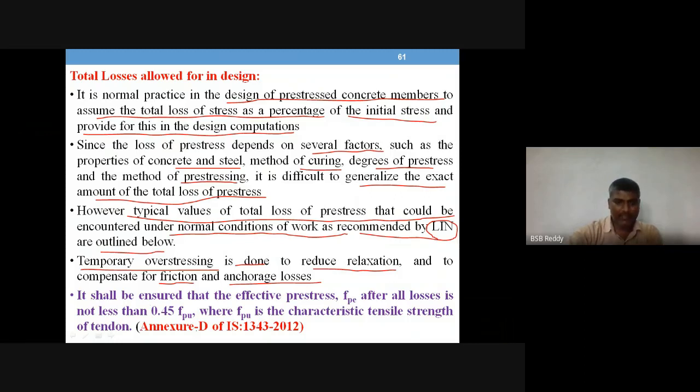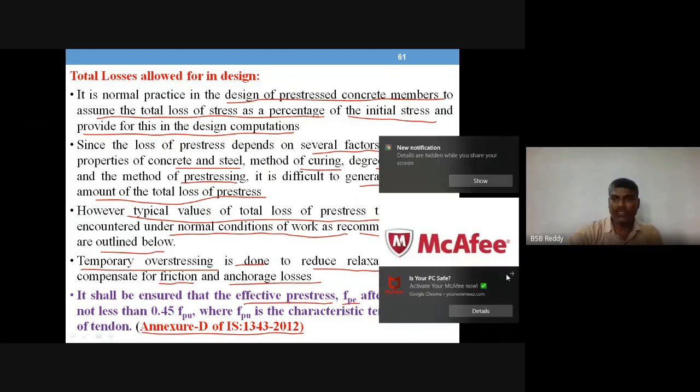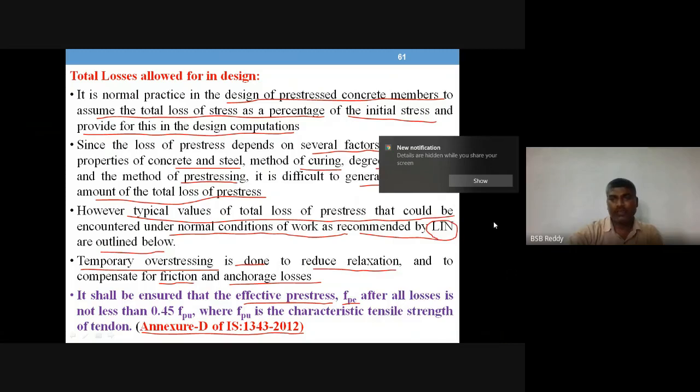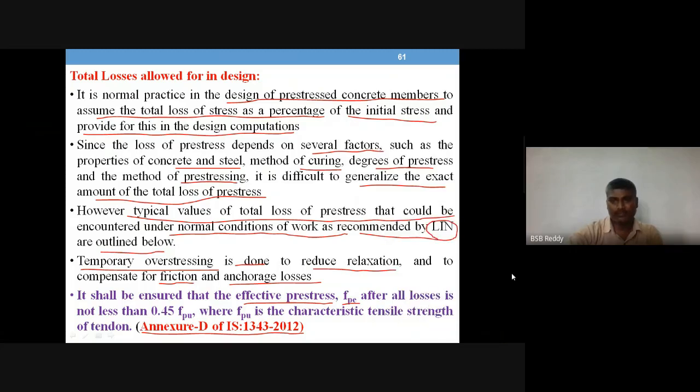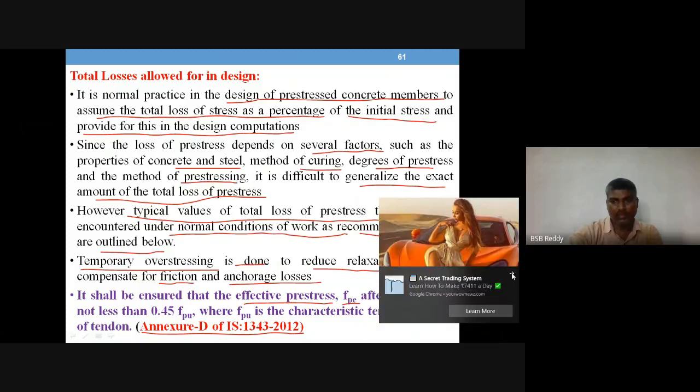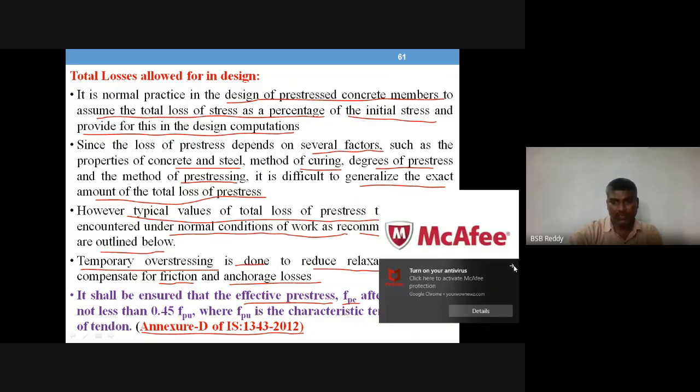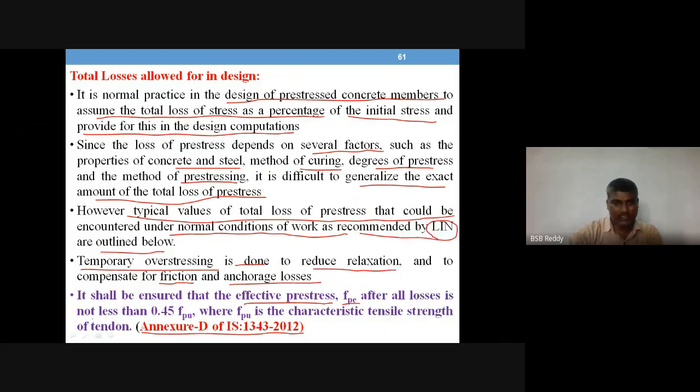This is taken from Annexure D of the IS code, where it is mentioned that the effective pre-stress, F suffix PE, after all losses is not less than 0.45 FPU, where FPU is the characteristic tensile strength of the tendon.